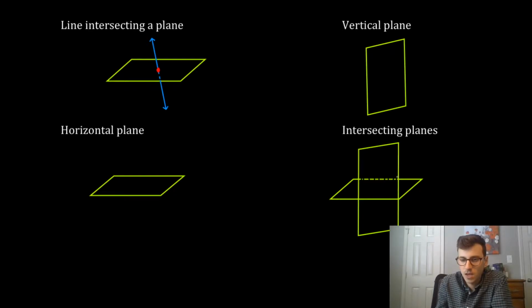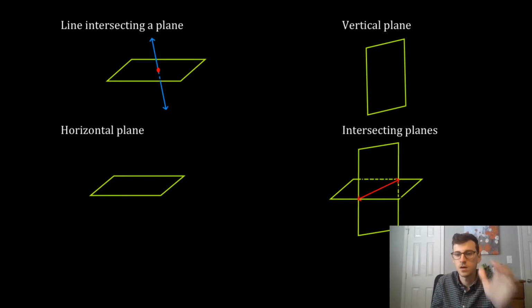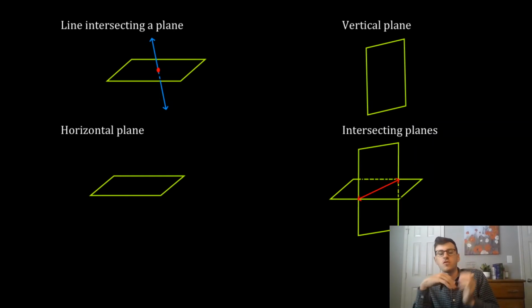And then my horizontal plane covers up this part of my vertical plane. Hopefully that makes sense, right? Something you'll notice is that when these two intersect, they actually form a line right there. There's a line formed when those two planes intersect.